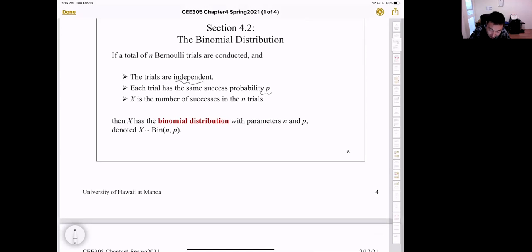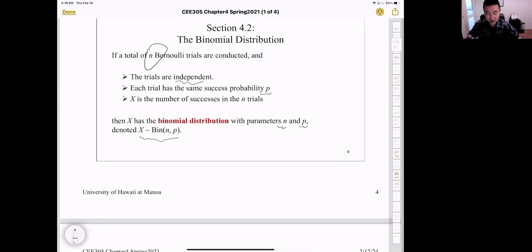So we write x follows Bin, where Bin is for binomial. For the binomial distribution, we have two parameters, n and p. n is the number of trials, and p is the success probability for each trial.